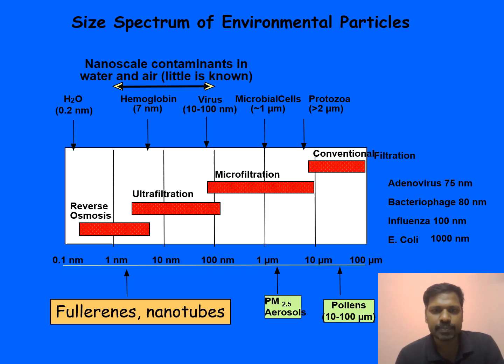The viruses, bacteria, and other contamination materials are available in nanoscales. As you can see, pollens are 10 to 100 micrometers, and then microfiltration, ultrafiltration, and reverse osmosis. So this range of 0.1 to 100 nanometers, we can call nanomaterial sizes and ranges.